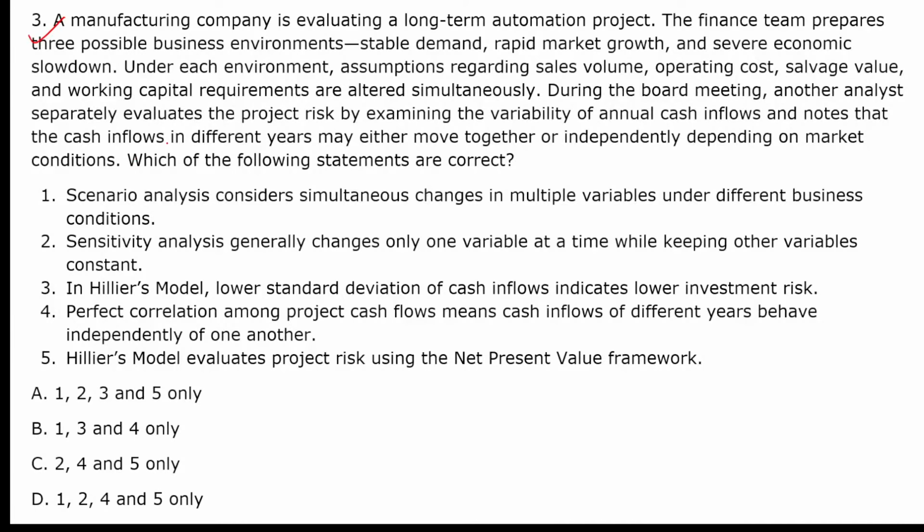A manufacturing company is evaluating a long-term automation project. The finance team prepares 3 possible business environments: stable, rapid, and severe. Under each environment, assumptions regarding sales volume, operating cost, salvage value, and working capital are altered simultaneously.